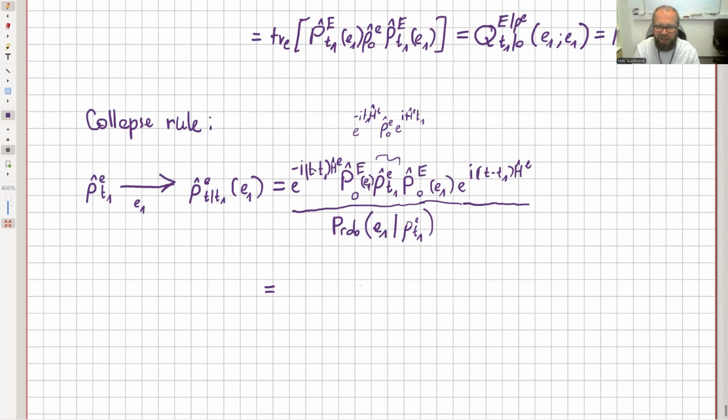And once you do that, you can recognize that you are getting in the numerator the evolution post-measurement, and the density matrix and projectors we can represent by this operator Q we introduced previously when we were solving our assignments.